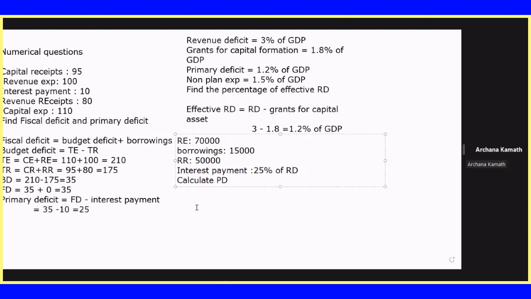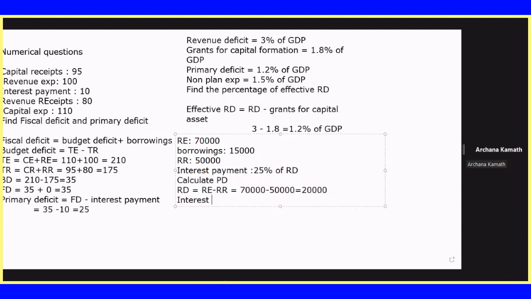Can you find revenue deficit first? Because for interest payment, they have given 25% of revenue deficit, so it's necessary to find out revenue deficit, right? Revenue deficit, we have already seen, is the difference between revenue expenditure and revenue receipts. 70,000 being the revenue expenditure and 50,000 being your revenue receipts, this is your revenue deficit.